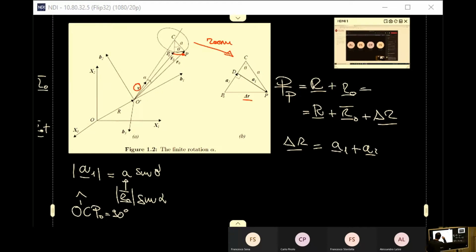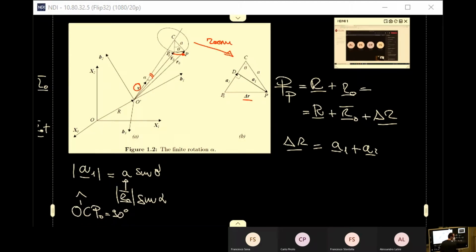Alpha is actually the one going from C O prime P0. So it's this one here. Sorry for the mistake. This is alpha. It's the angle included between R0 over bar and the axis of rotation. I will correct that also in the notes.